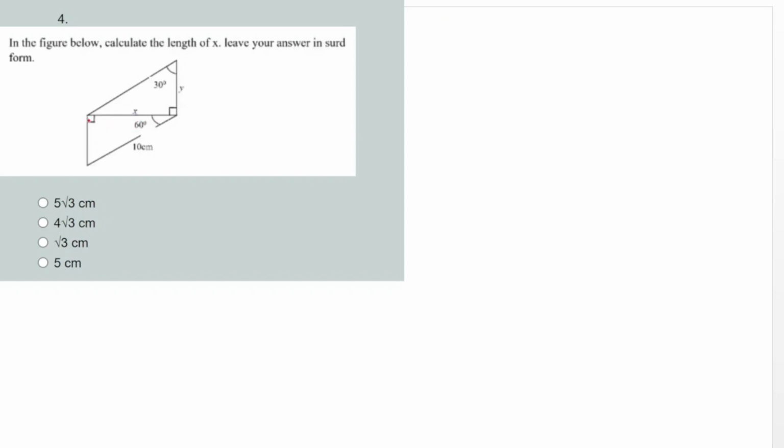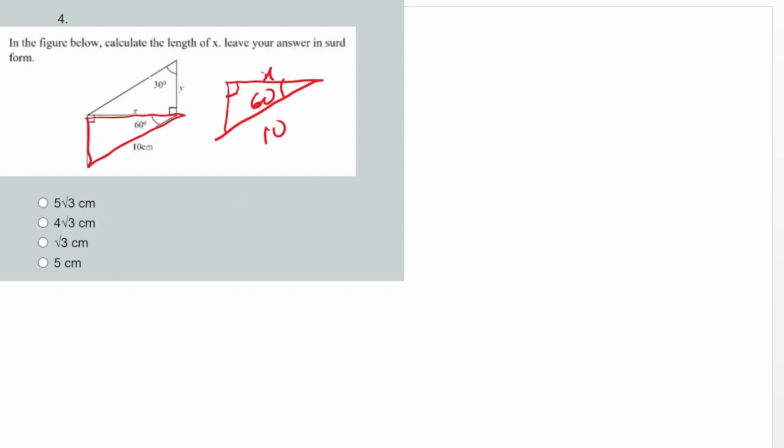This shape with x here is this one. So we can start to bring it out. Let's bring it out separately, so that to be clear, that's the way you should be doing it. This is x, this is 60, and this is 10.